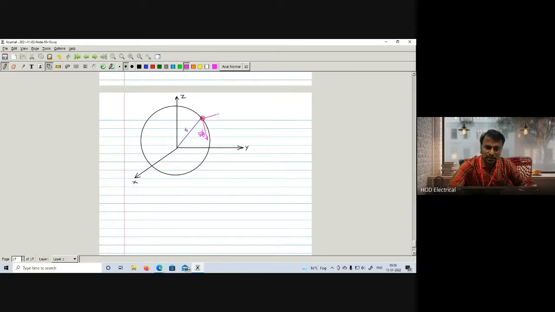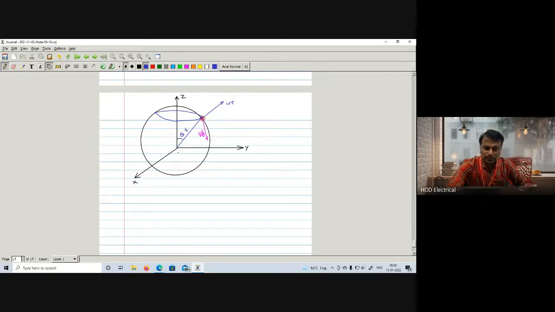Then another one related to this blue color. This will be our unit vector along the direction of theta, along the direction of r, and another one along the direction of this circle. Along the direction of this, we can make a cone, so this will be theta, right?